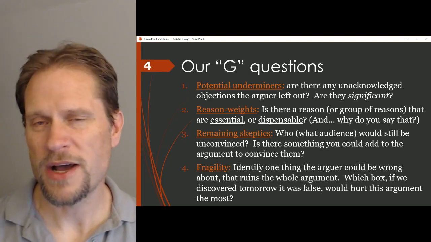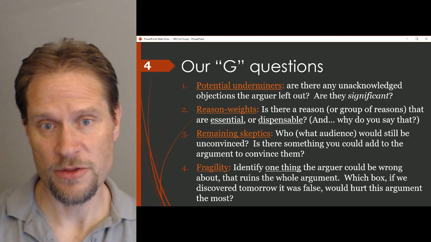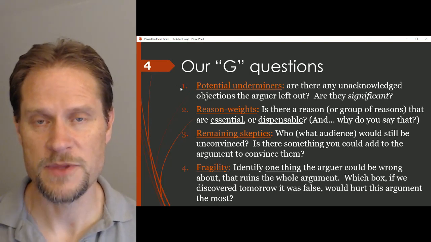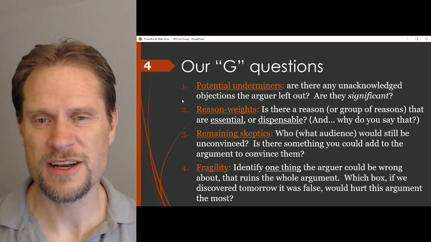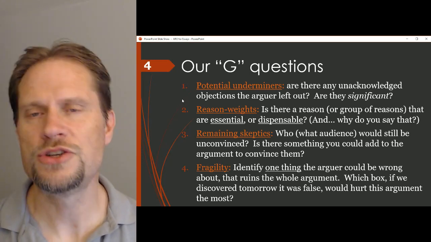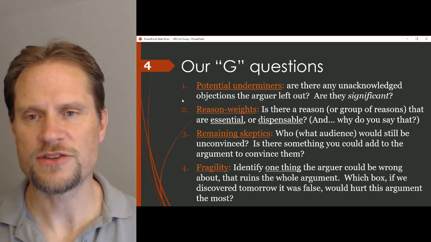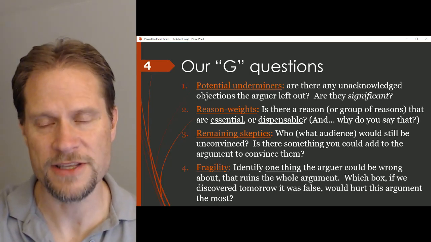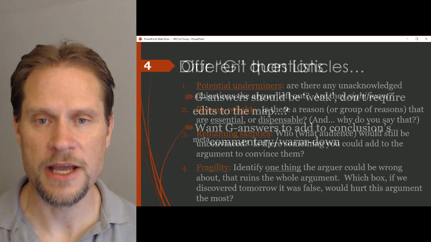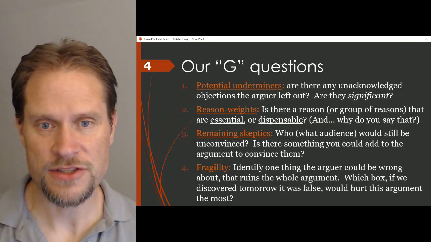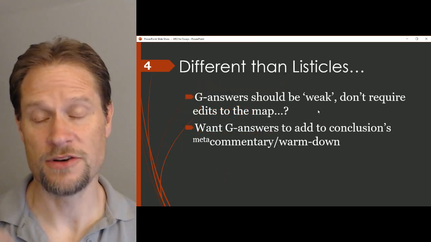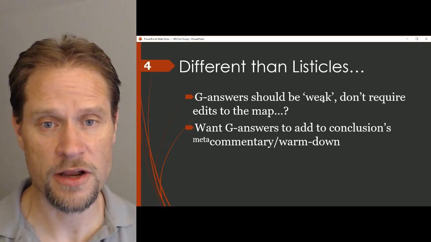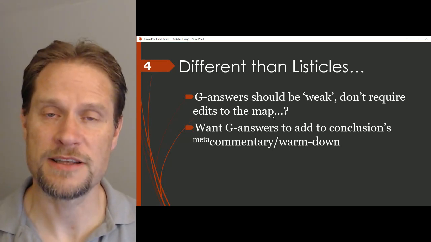But hopefully, when you're here doing the formal G questions, you're going to conclude, yeah, that's like 2% of the population, or that's only people in this kind of situation who would have this as a legitimate objection. And so your answers are going to be weak in that they're not big problems, big issues with the strength of your argument, and they're not going to require edits to the map.